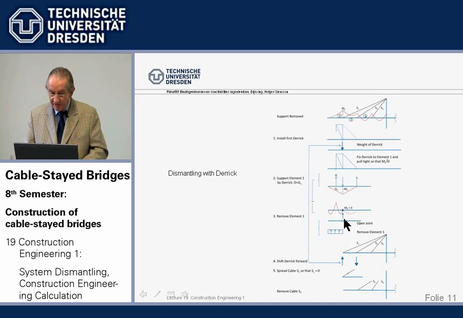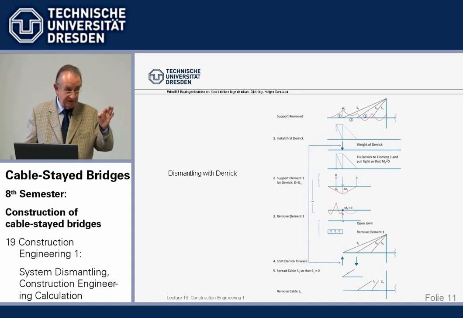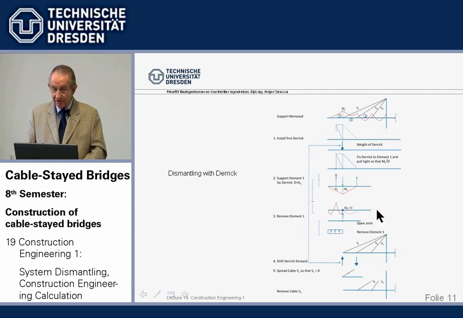Now we have the moment 0. We can open the joint and we can take off then the dead weight, which was until now still hanging in the derrick. It was still there. But now we can take off the weight.